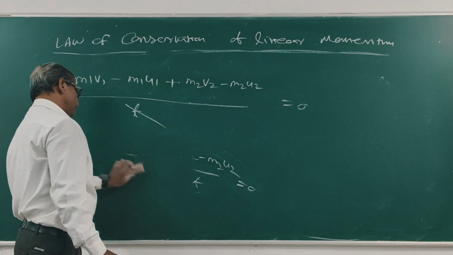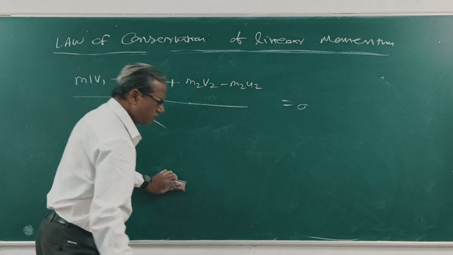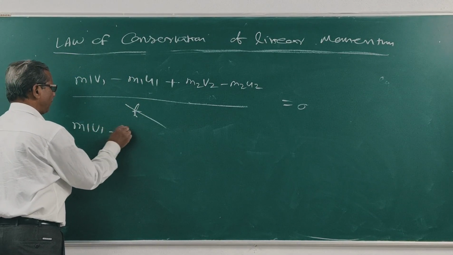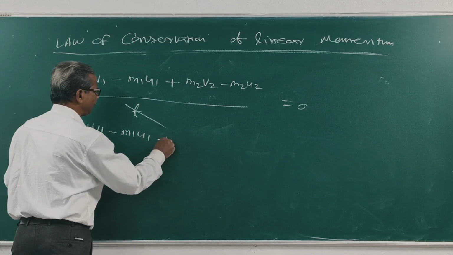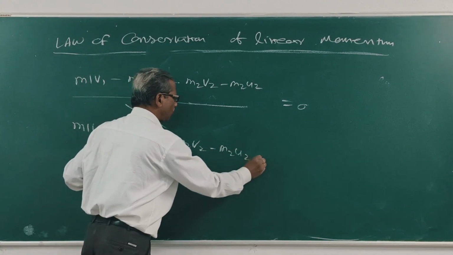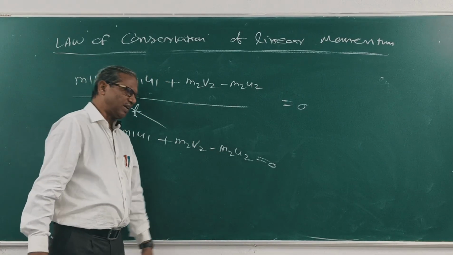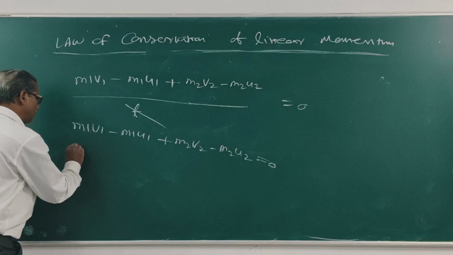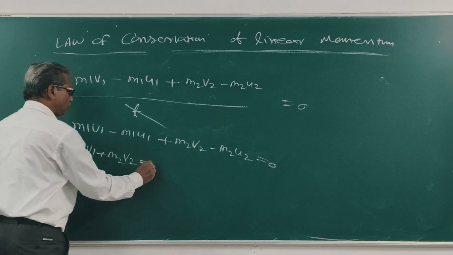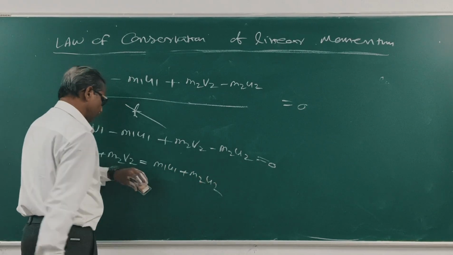Now take m1 u1 plus m2 u2 to the other side. Now m1 v1 plus m2 v2 is equal to m1 u1 plus m2 u2.